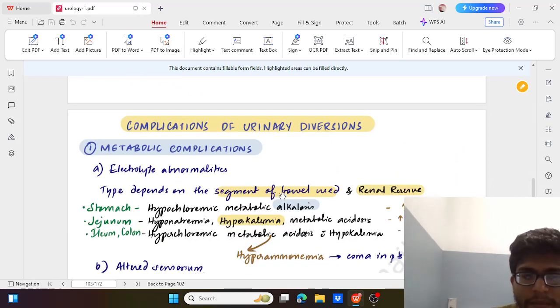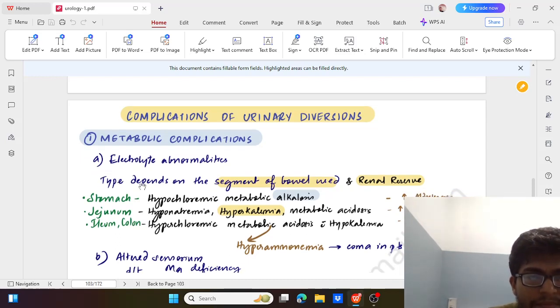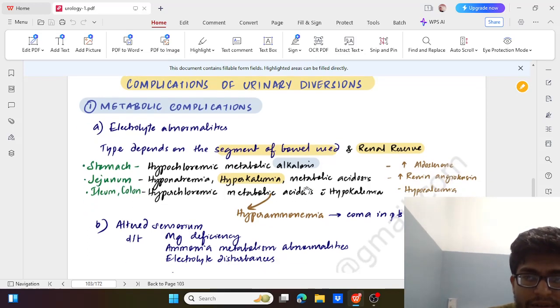Now we'll see the complications of these diversions in short. First of all, most common is the metabolic complication, that is electrolyte abnormality, and this depends on the type of bowel segment used and the renal reserve present. In case of stomach, there will be hypochloremic metabolic alkalosis.